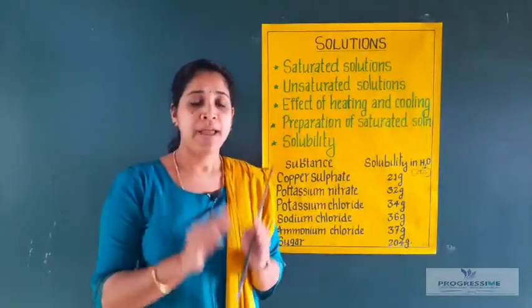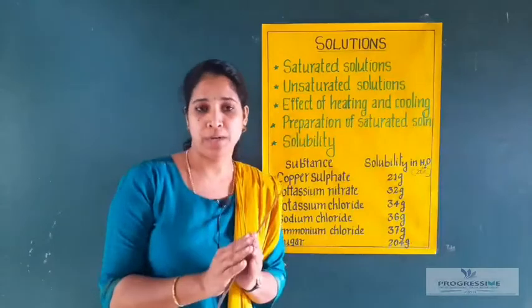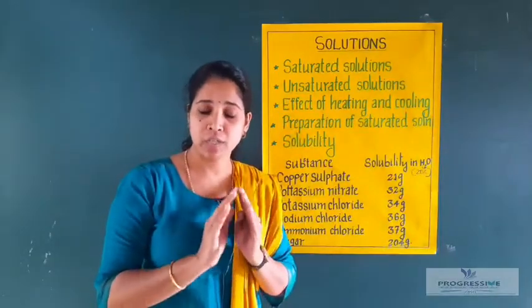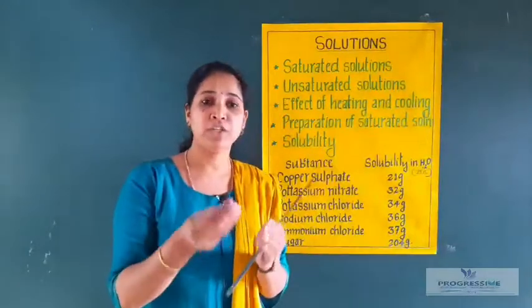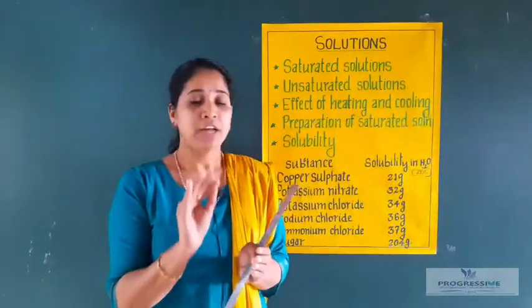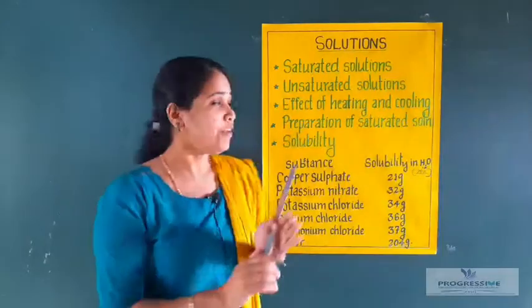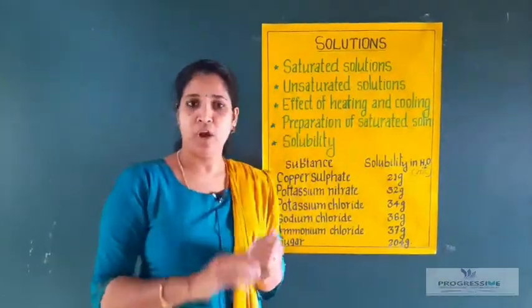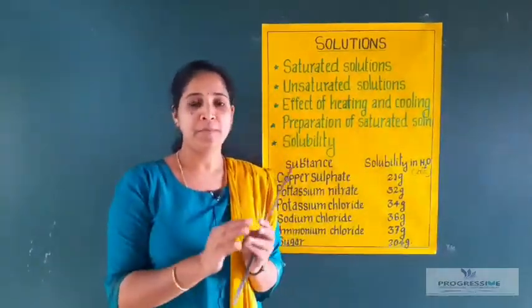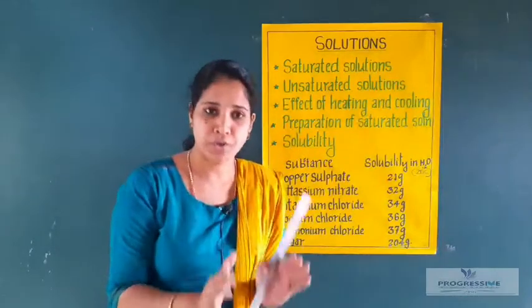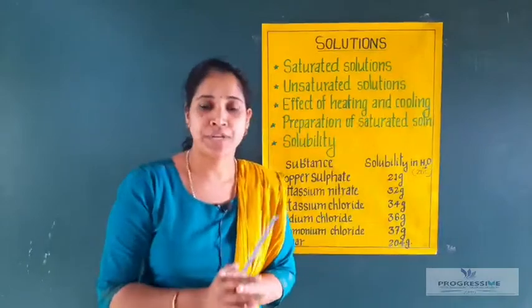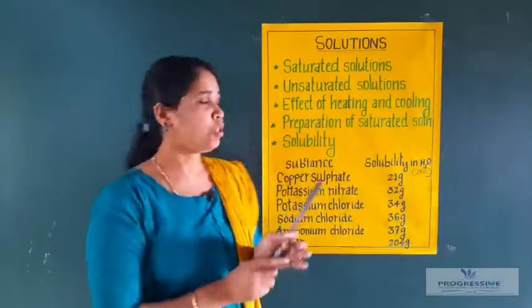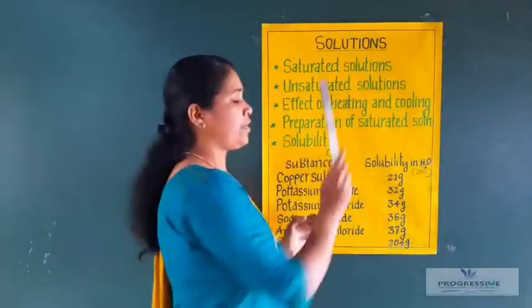For example, a saturated solution of sugar: when we add some more sugar to the solution, that sugar cannot be dissolved in the sugar solution. That means the solution is saturated. So, no more solute can be dissolved in a saturated solution. Such a solution we call a saturated solution.